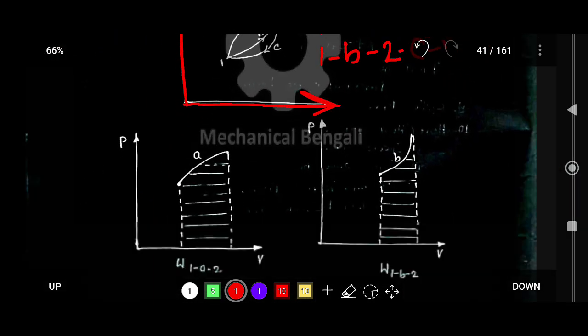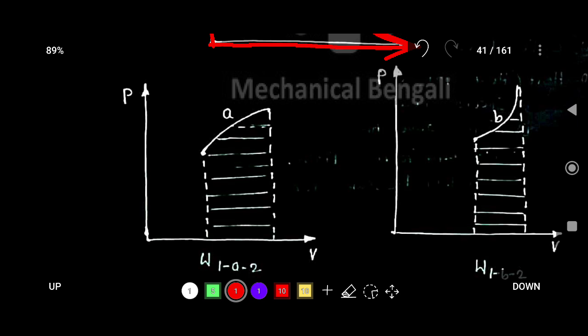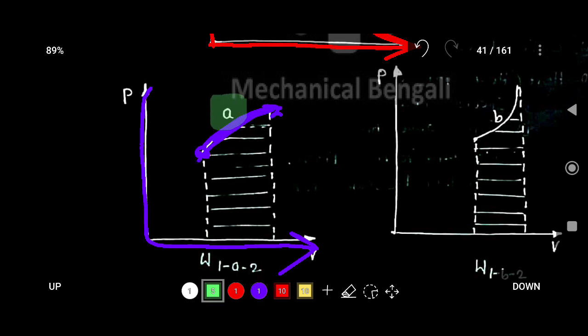Now suppose this is the PV diagram. Suppose this is state 1 and this is state 2, and this is process A. If you want to calculate the work done, this area will be the work done for process A.